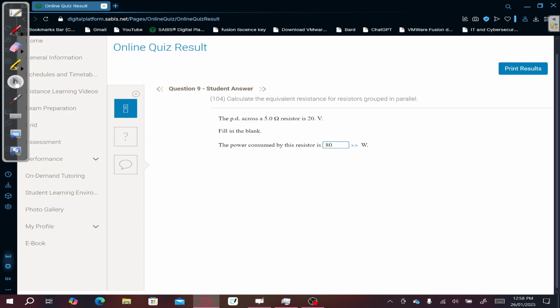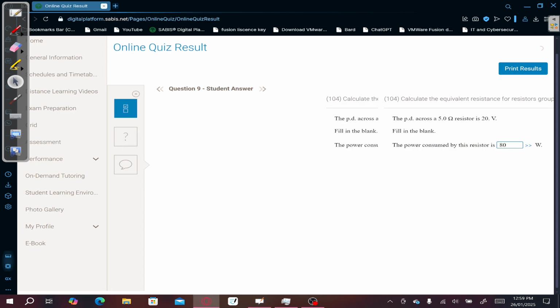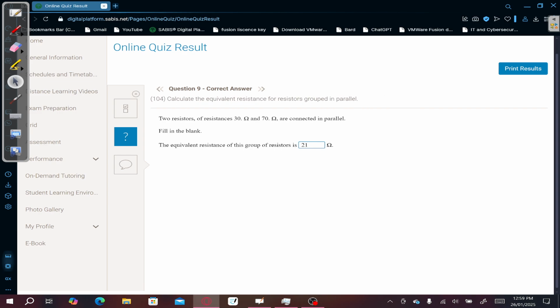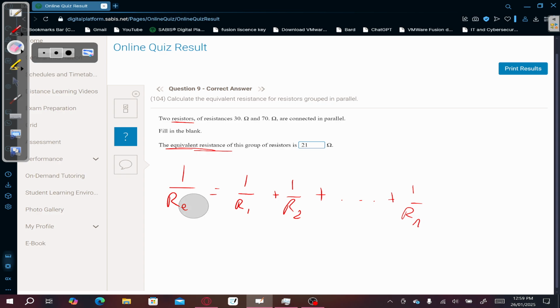Question 9. They're connected in parallel, these two resistors. Okay, they want the equivalent resistor. So 1 over RE equals 1 over R1 plus 1 over R2 plus blah blah blah all the way until 1 over Rn. Okay, this is just the formula. By the way, on the written part, I'm not sure you can write this, but I have a shortcut.